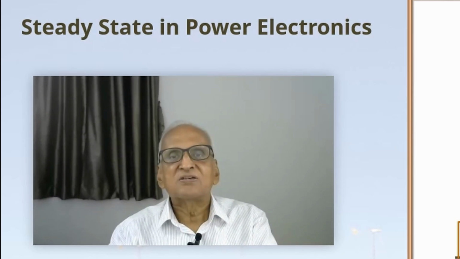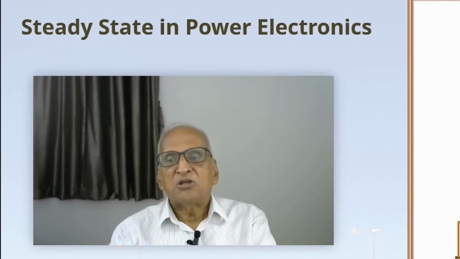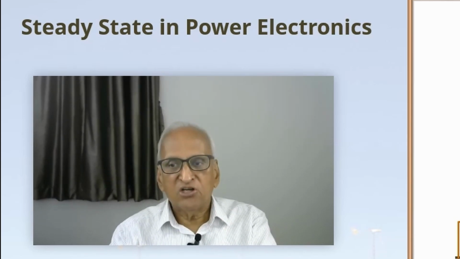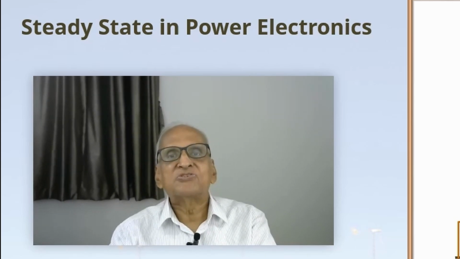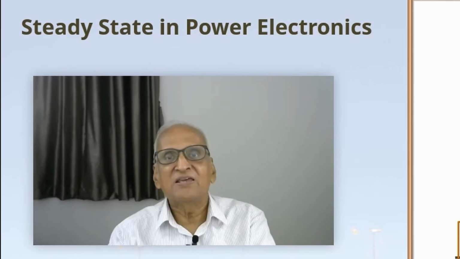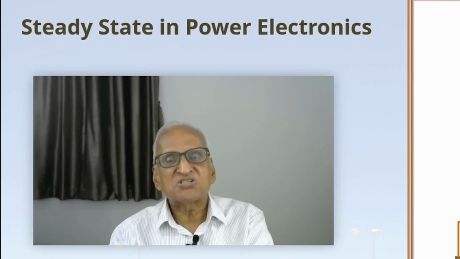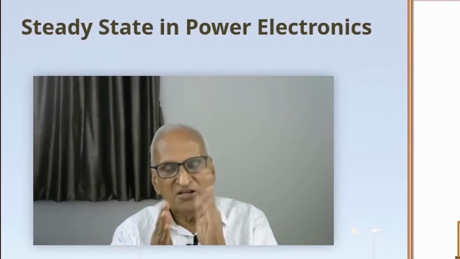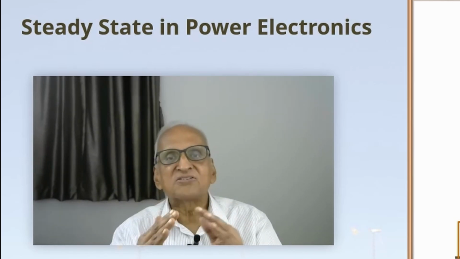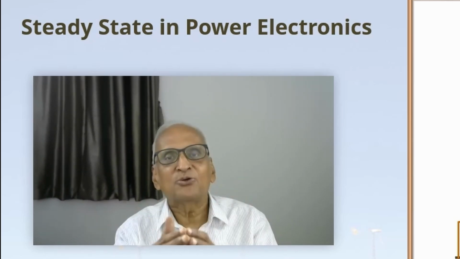Another point is, even when the circuit has reached steady state, in each switching interval, the on interval, the off interval here, the underlying circuit undergoes a transient. This is a speciality of power electronics. In each switching interval, the underlying circuit undergoes a transient, and the power electronic steady state is strung together with these pieces of transients.